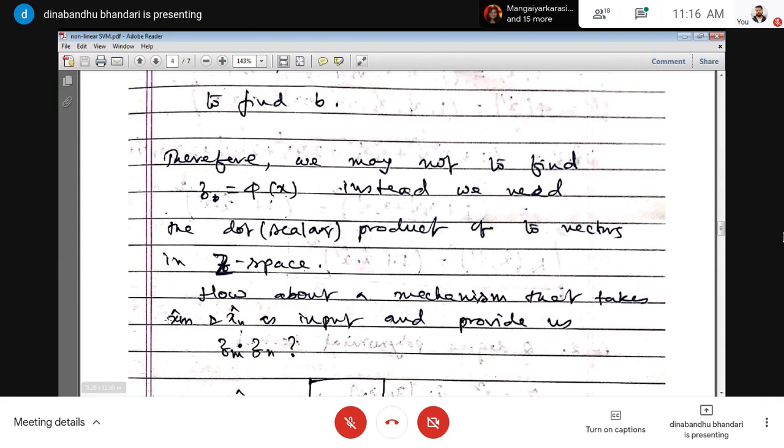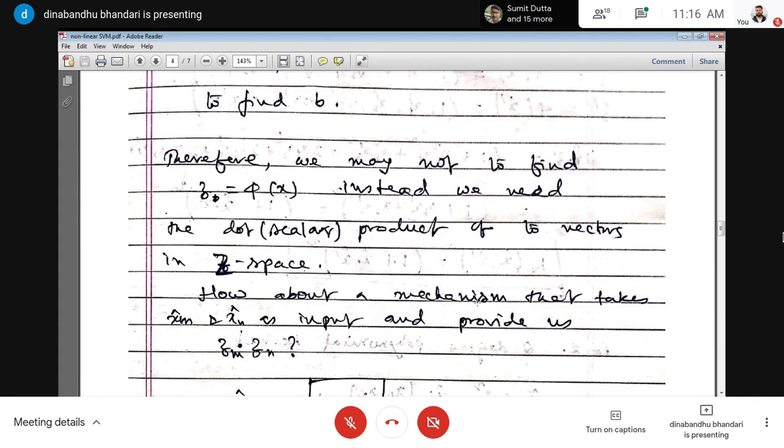What we are expecting is a mechanism that would take xm and xn, the points in the input space, and that particular mechanism will take the points into the higher dimension, if required maybe the infinite dimension, and it will calculate the dot product of two vectors and return us the output. That's the mechanism, okay?